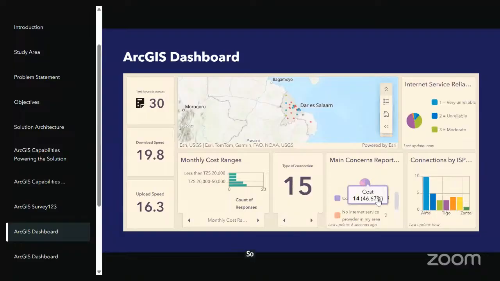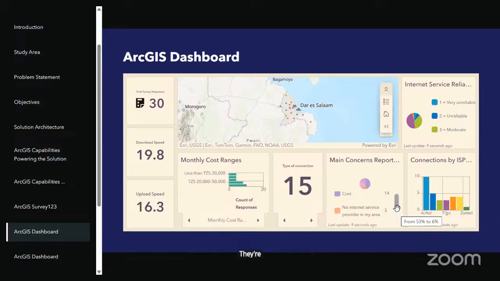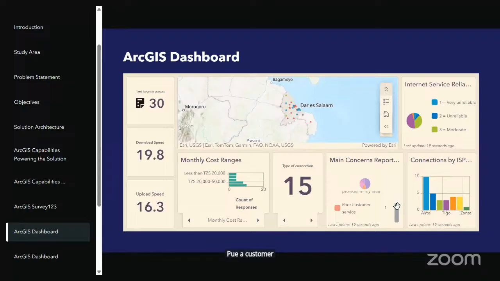In case of main concerns, they included the costs, the internet service provided in the area, like the other customers face problem of no internet service provision in their areas, poor customer services, and others.